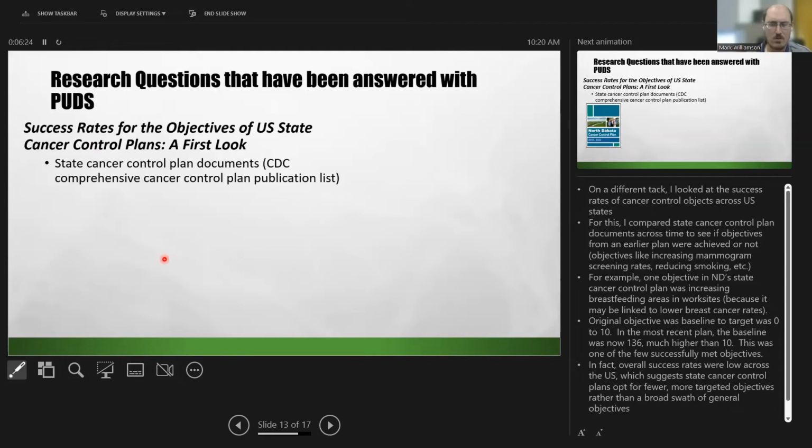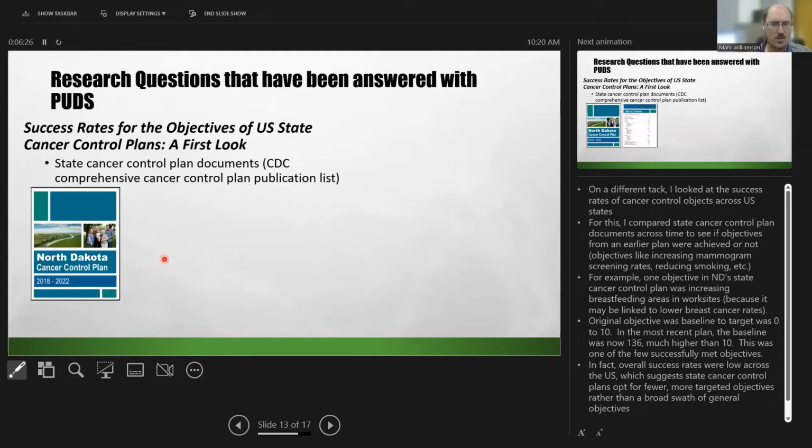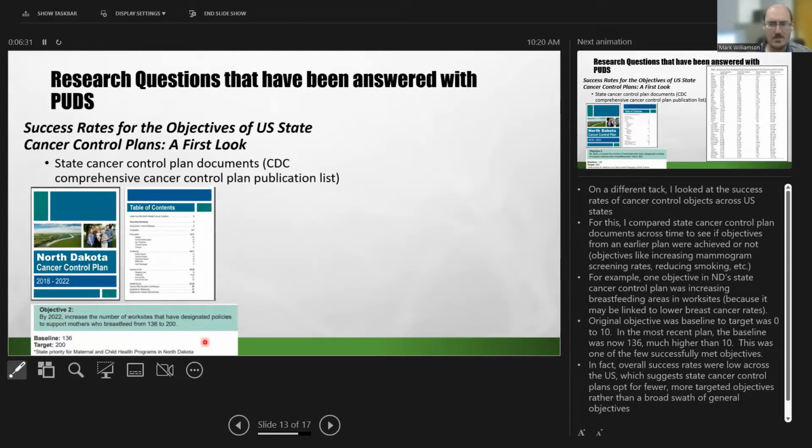For example, one objective in North Dakota's State Cancer Control Plan was increasing breastfeeding areas in work sites, because increased breastfeeding might be linked to lower breast cancer rates. The original objective in the 2012 to 2017 plan was increasing target sites from 0 to 10.